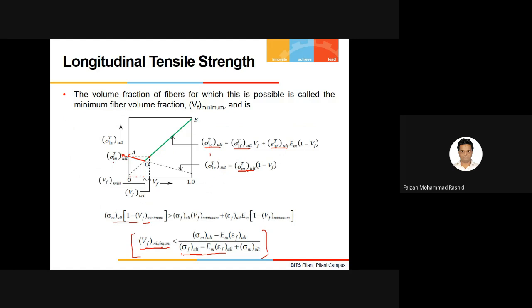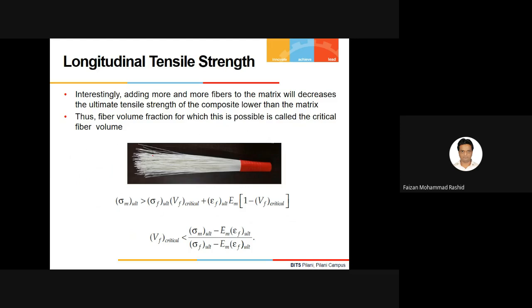No, this point tells me the ultimate strength of my matrix material. You see here, VF is 0. If I put VF equal to 0, I am going to get the maximum value of the strength of my matrix material. Okay, so this is again an important thing.